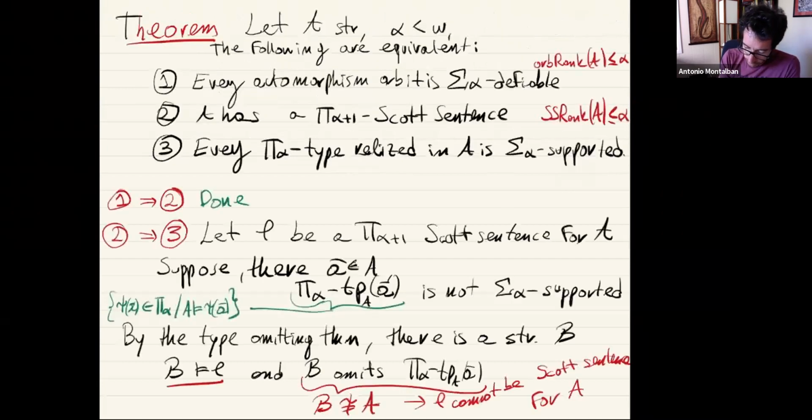To prove 1, every automorphism orbit is defined by a sigma alpha formula. The claim is that these sigma alpha formula supported types are the ones that define the orbits.